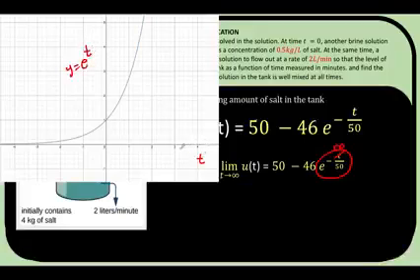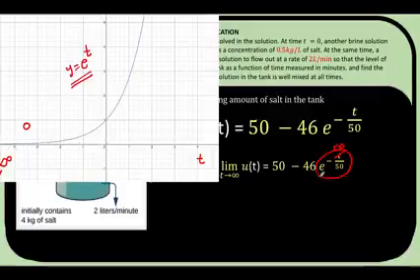Notice here that as time becomes smaller and smaller, that is, the time is going to negative infinity, the height of this curve is getting closer to the x-axis.